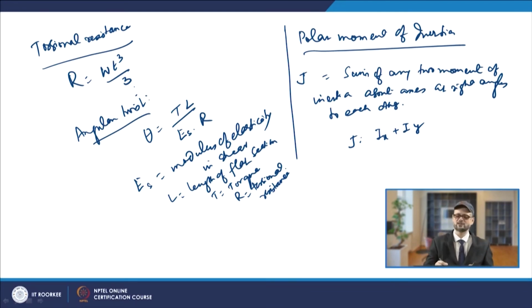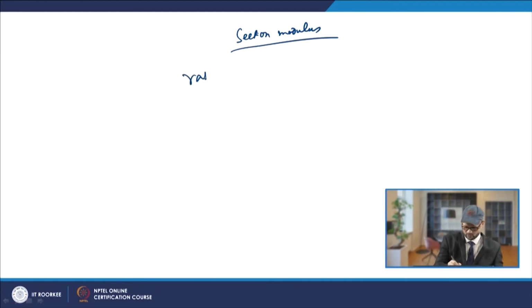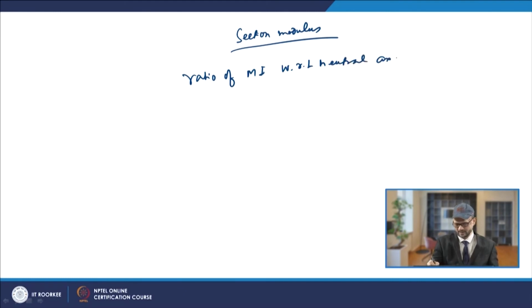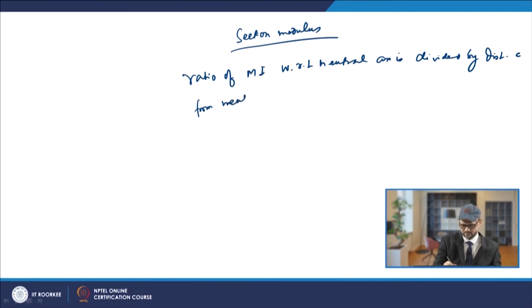Another important parameter, as we discussed, is the section modulus. The section modulus is the ratio of the moment of inertia with respect to the neutral axis, divided by the distance C from the neutral axis to the outermost fiber of the section.